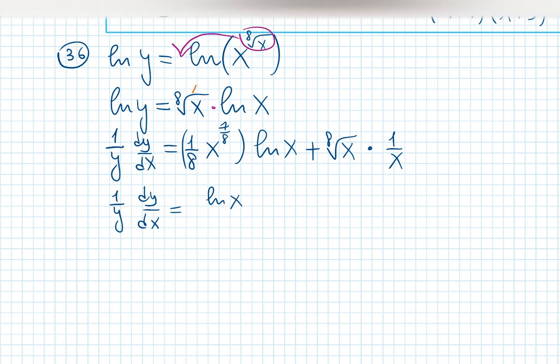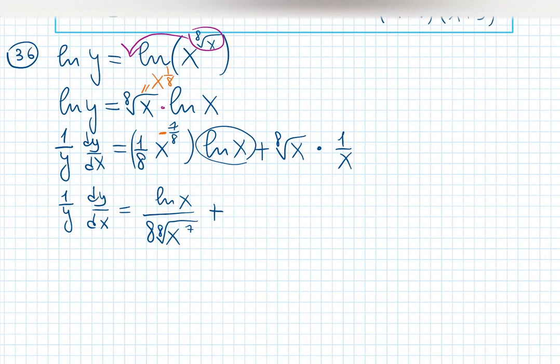Since this piece was x to the 1/8, 1/8 minus 8/8 is negative 7/8. Make sure you don't make this mistake. Then I'm going to have natural log in the numerator, and then both 8 and x to the 7th roots, 8th root at the denominator.